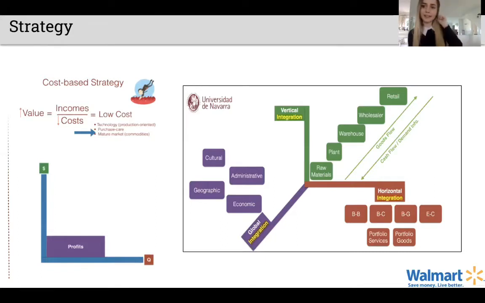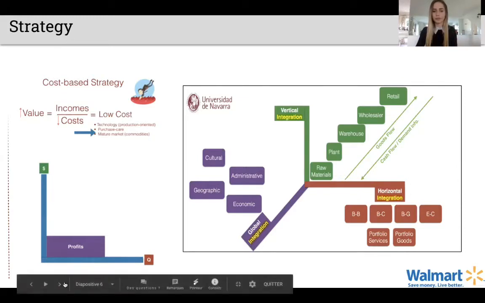In terms of integration, we can see that Walmart's integration is vertical and horizontal, but we also think it's a little bit global because the geographic factor is really important for the company.